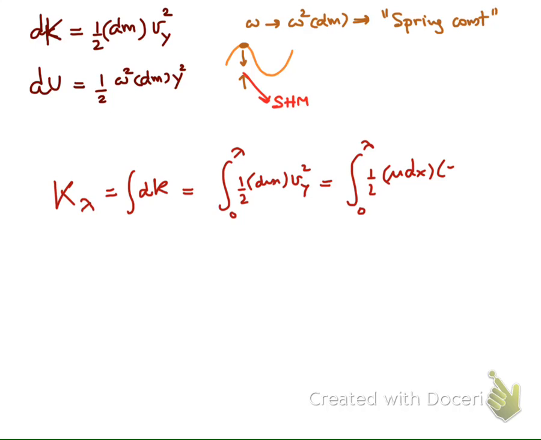It's equal to minus omega A cos(kx minus omega t).